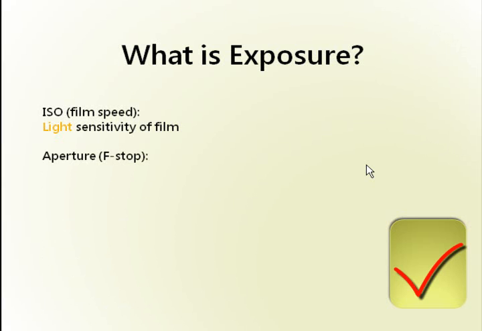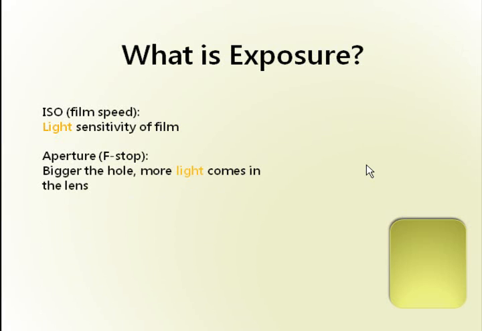The second thing that is a factor of exposure is aperture. If you've tried to learn anything about photography, you've probably heard of f-stop and how confusing f-stop is. That is the term in photography that we use for aperture.